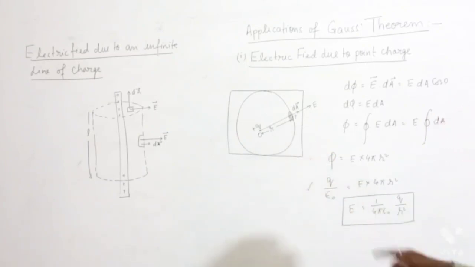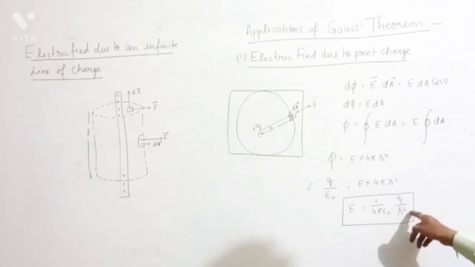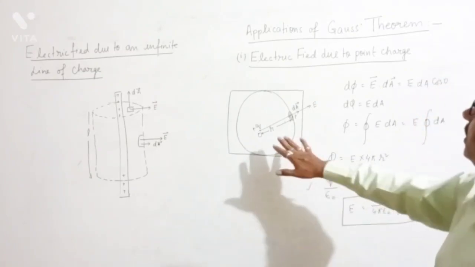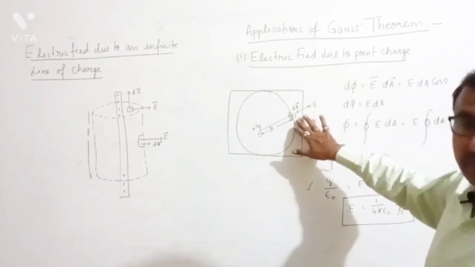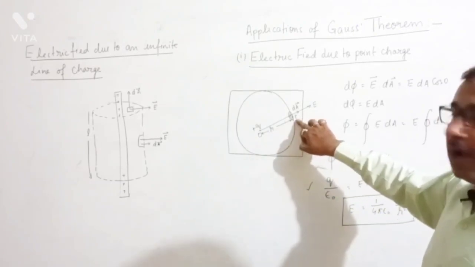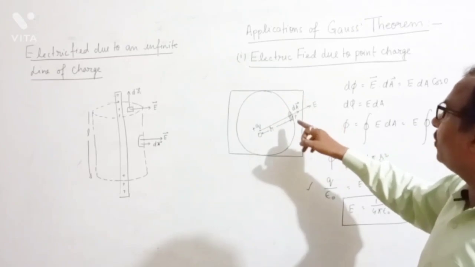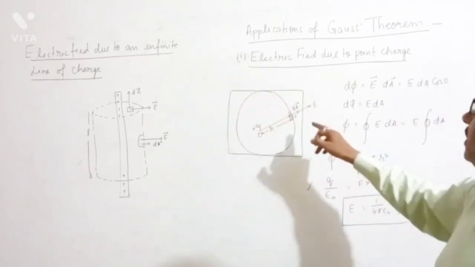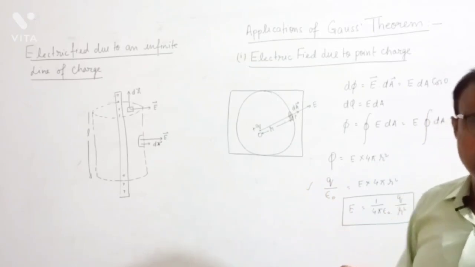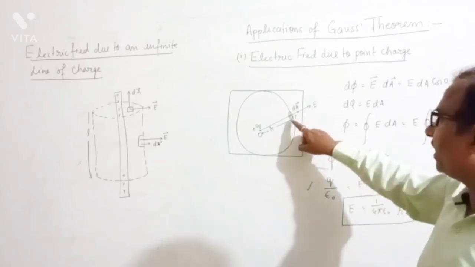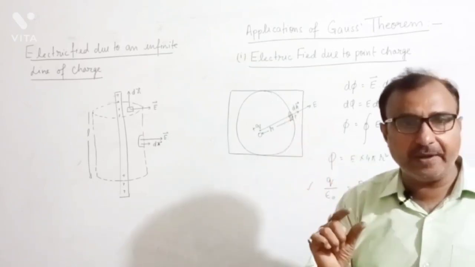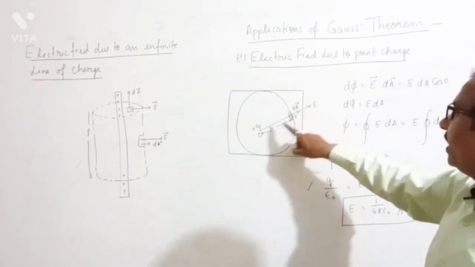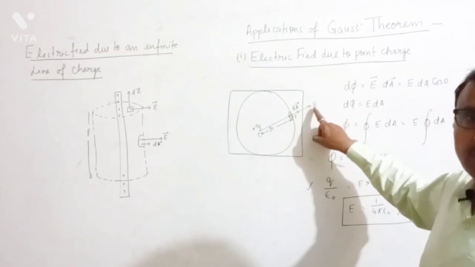Again, I want to repeat. This is a charge, due to that you want to find the intensity of electric field at point P. For that you take a sphere of radius r around it, named the Gaussian surface. On that Gaussian surface you take an area element dA. dA is outward, the intensity of electric field is outward, the same sense, so d phi equals E dA cos 0, d phi equals E dA.